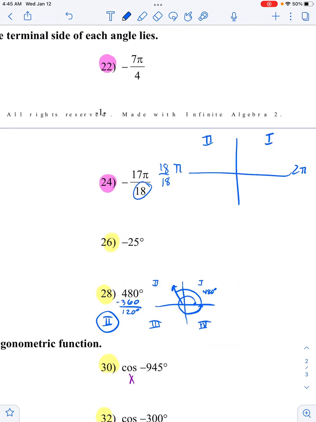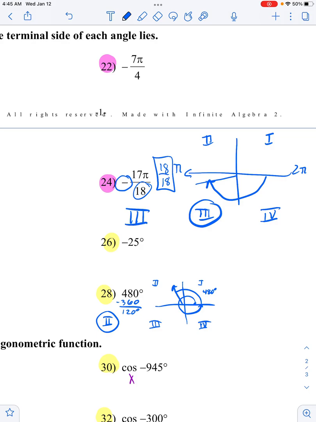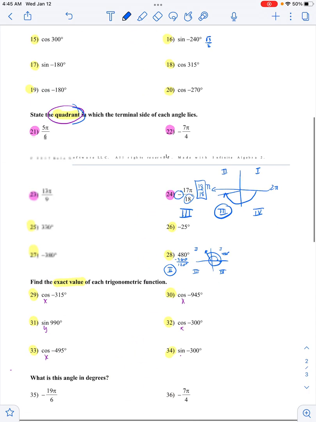So if this is quadrant 1, 2, 3, 4, and I'm going negative 17 over 18, I'm going this way, but I'm stopping shy of this part because that is 18 over 18. So 17 would be somewhere in here. Therefore, it would be in 3, but I don't have to know anything more specific than that.